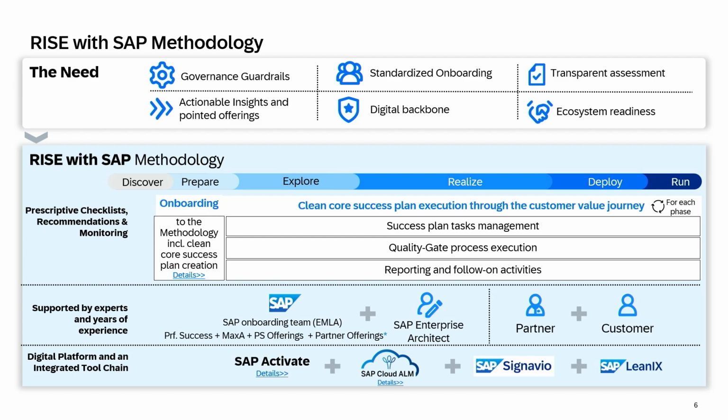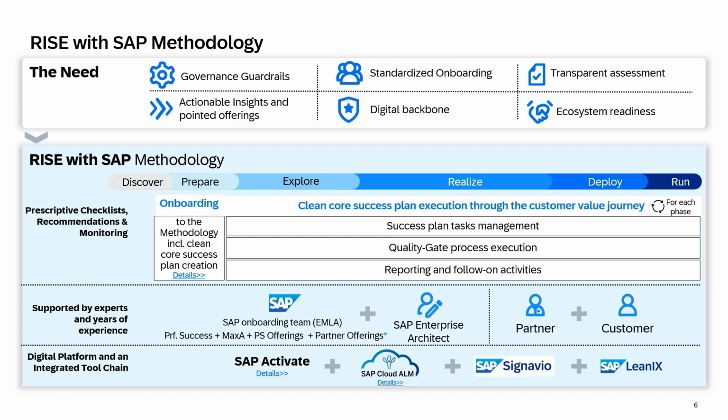And afterwards, you have a partner community who are certified in RISE methodology, who can also support you with your initiative. And customers have a great deal of enablement material already available in the form of trainings, webinars, and so on, which you can register to and learn how to move forward with your Clean Core initiative and learn more about the cloud ERP itself.